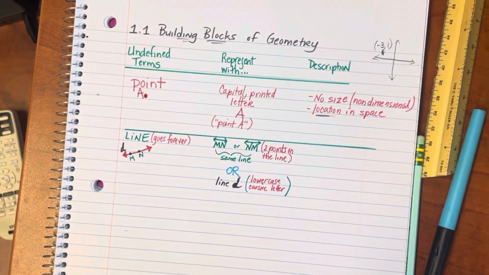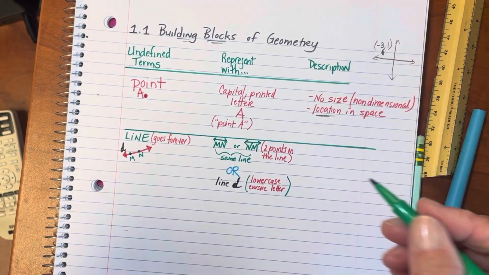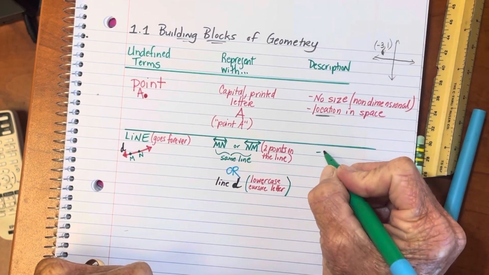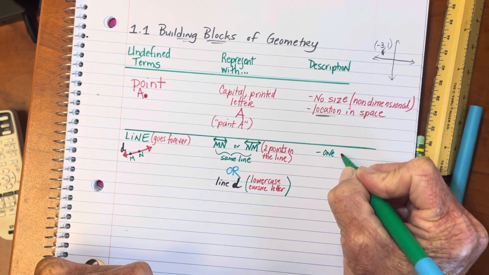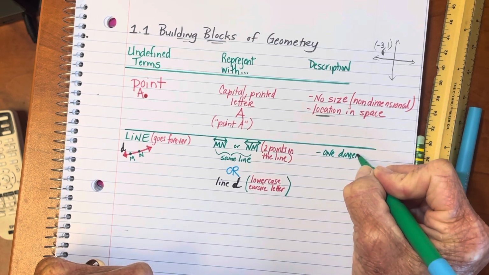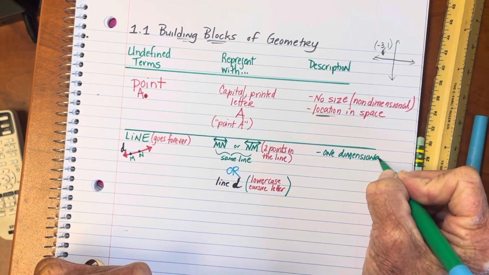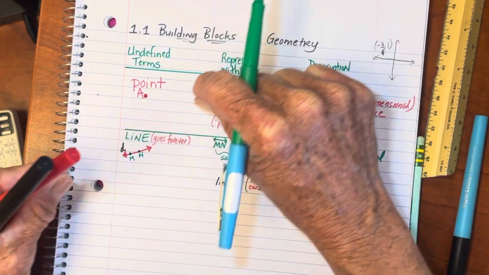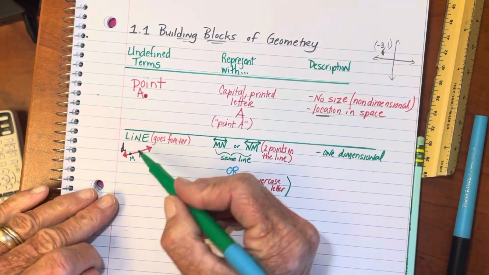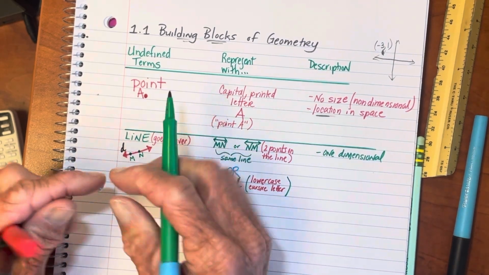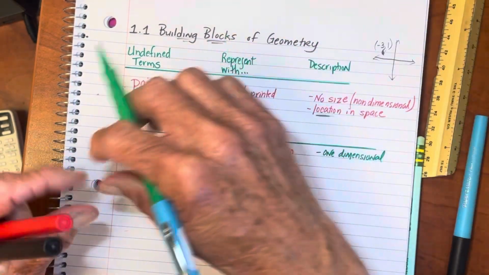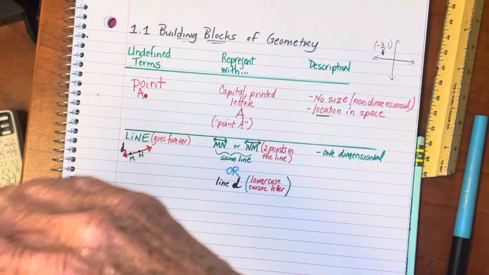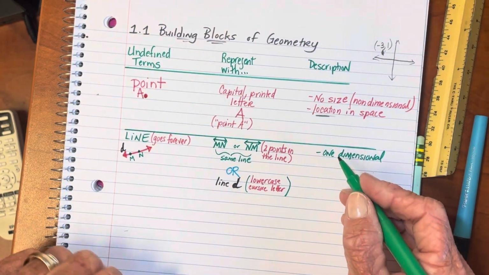Okay, and what do we know about a line? A line is one-dimensional, even though technically you can't measure it because it extends forever. It has one dimension, it has length only. It doesn't have width, doesn't matter how wide I draw that line, it only extends so that you would be looking at the length of that particular line.